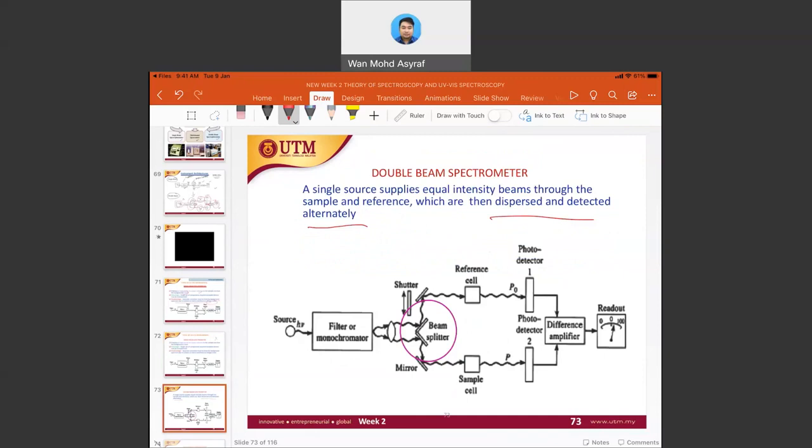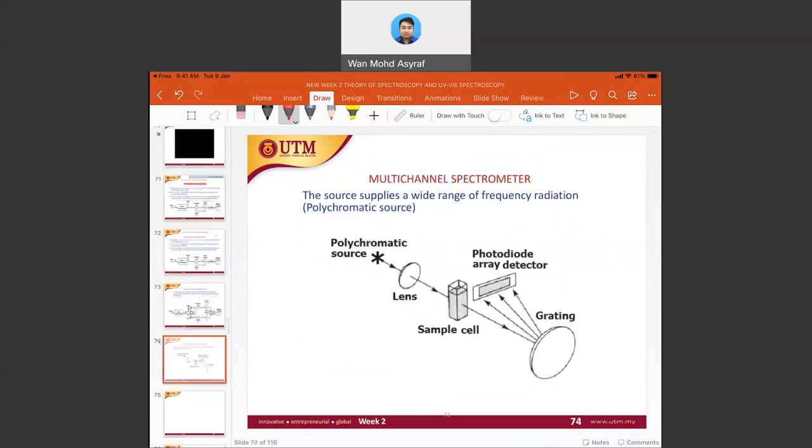Okay, right. So for a multi-channel spectrometer, I don't think that this is important for you. It's just for you to be able to know the difference between the single beam and the double beam spectrometer.